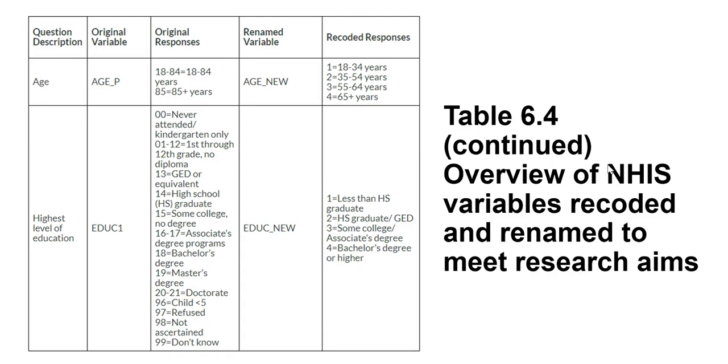It also includes whether or not a child is less than 5 years old, whether or not someone refused to respond, the responses were not ascertained, or the individual does not know the response. So I recoded this to less than a high school graduate, some college or associate's degree, and bachelor's degree or higher.